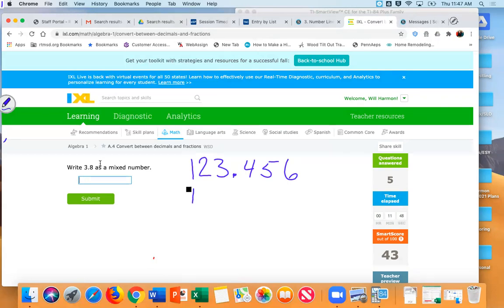This is hundreds. Okay? The 1 is in the hundreds place. The 2 is in the tens. The 3 is in the ones.